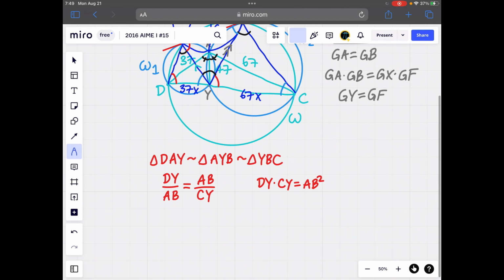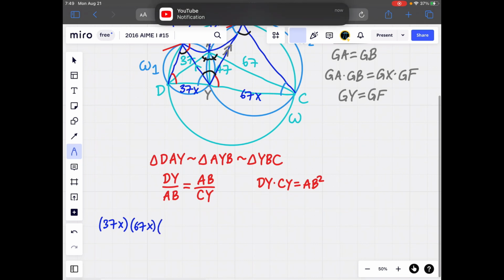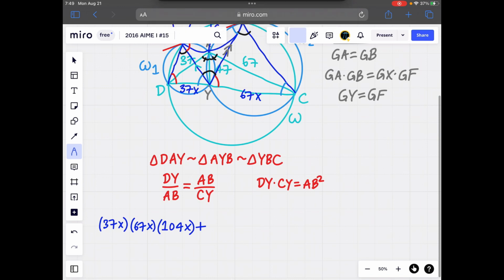We have man plus dad equals bomb plus sink. 37x times 67x times 104x plus 47 squared times 104x is equal to 67 times 37x times 67, which is 67 times 67 times 37x plus 37 times 37 times 67x.